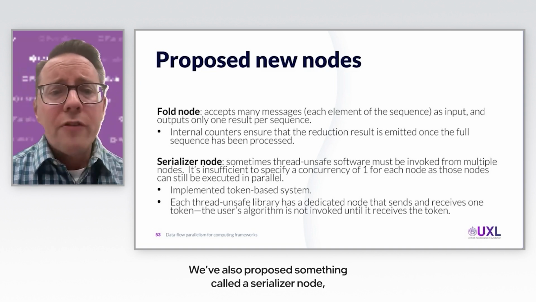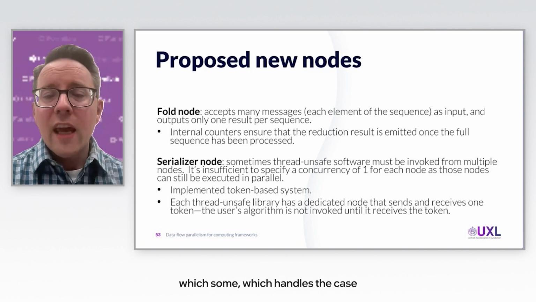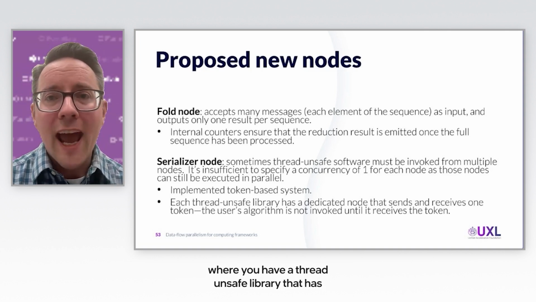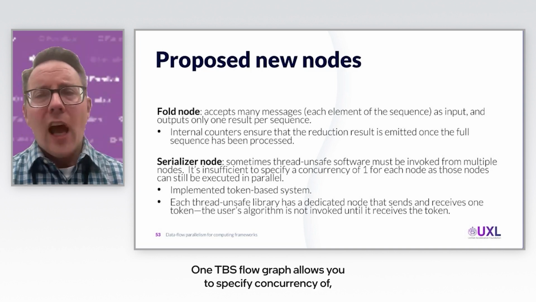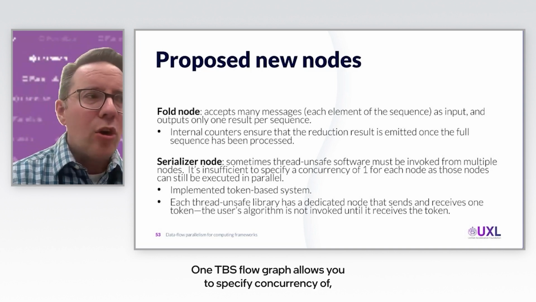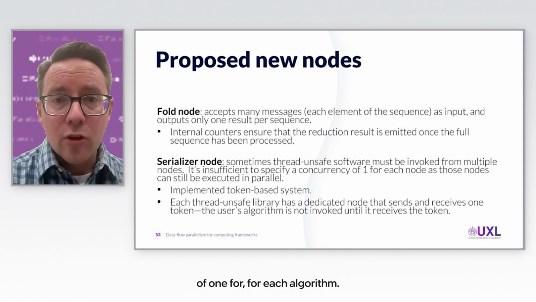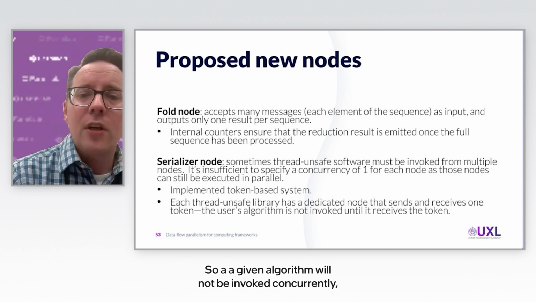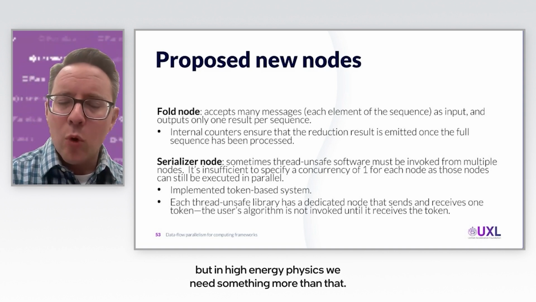it's doable. We've also proposed something called a serializer node, which handles the case where you have a thread unsafe library that has to be invoked from multiple nodes. oneTBB's flow graph allows you to specify concurrency of one for each algorithm. So a given algorithm will not be invoked concurrently, but in high energy physics, we need something more than that.